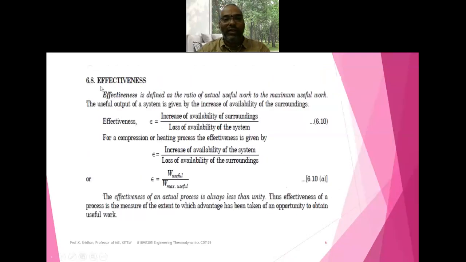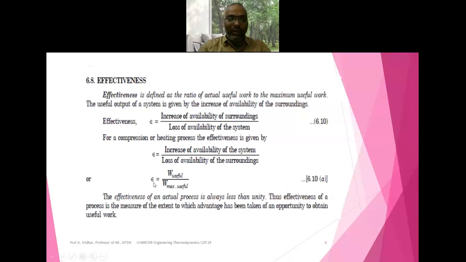So next, another important concept is the effectiveness. How can we define the effectiveness? Effectiveness is defined as the ratio of actual useful work to the maximum useful work. So it is W actual divided by W maximum useful work. Here effectiveness is equivalent to increase of availability of the surroundings divided by loss of availability of the system.